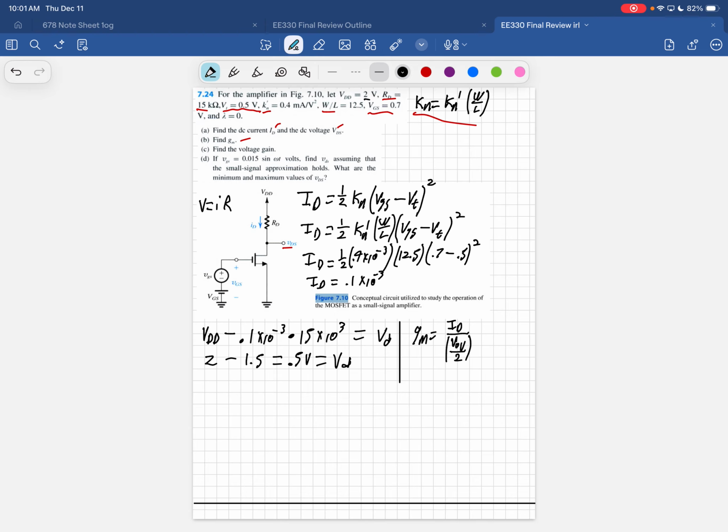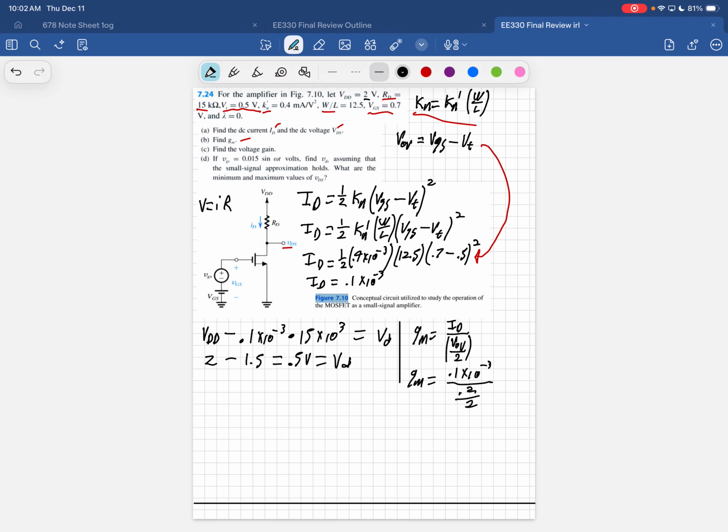Inadvertently, we found VOV already, because VOV equals VGS minus VT, which is right here. It's 0.2 volts. So solving for GM, we take our ID, which is 0.1 times 10 to the power of negative 3, divide that by 0.2 divided by 2. So that becomes 0.1.